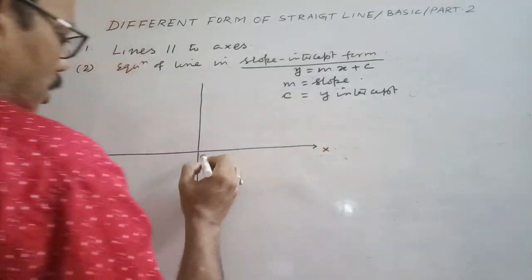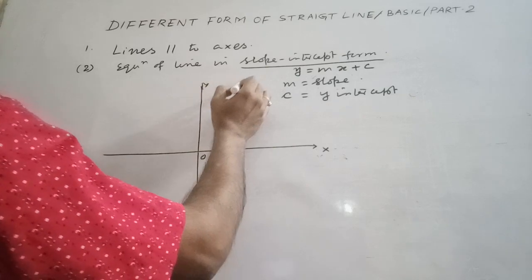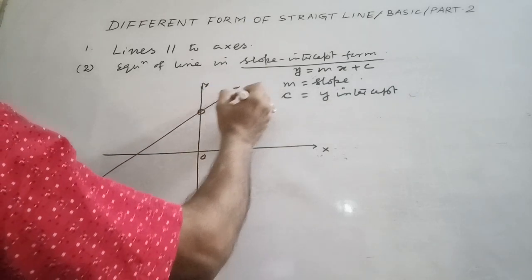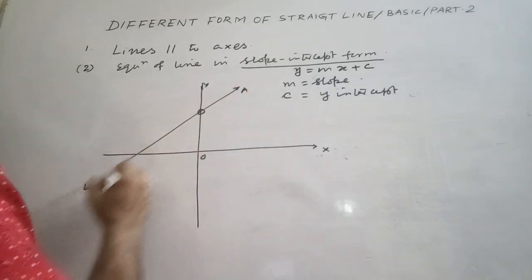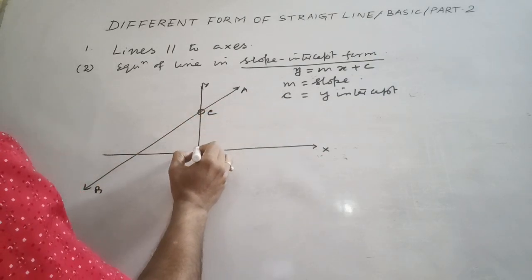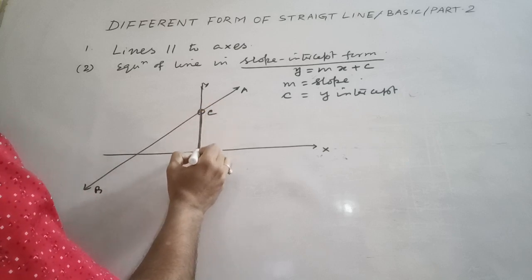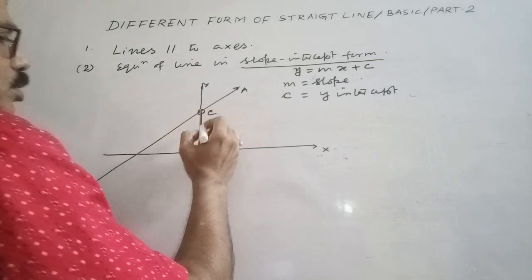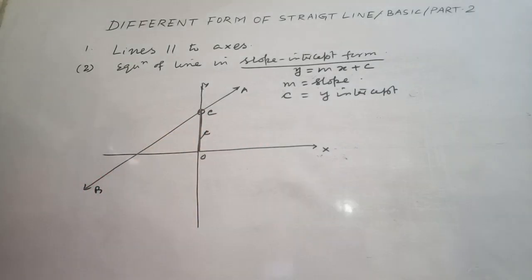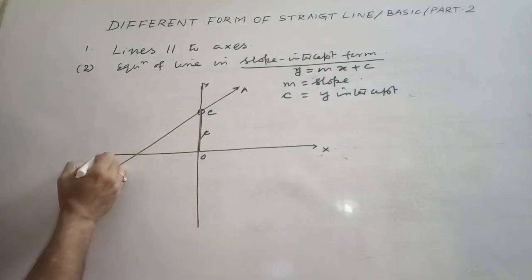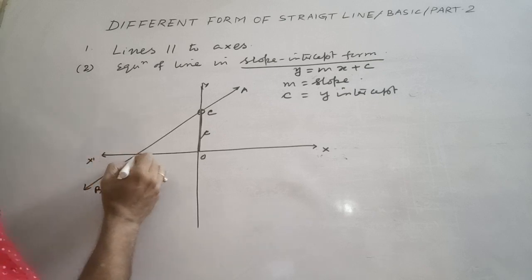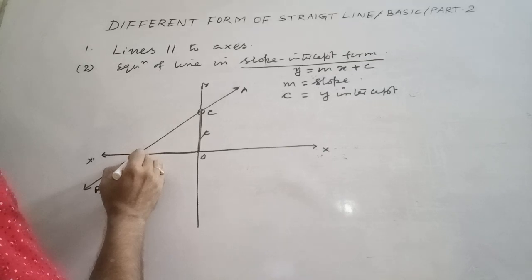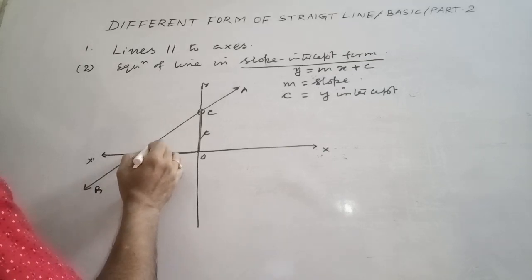So look, this is a line. It cuts the y-axis at C. So from origin to C, this is called the y-intercept, which is small c. And it cuts the x-axis here, this right hand side part, so this is positive.